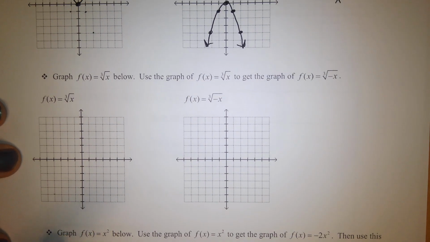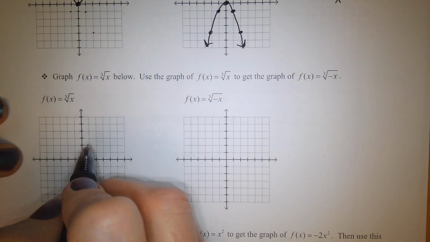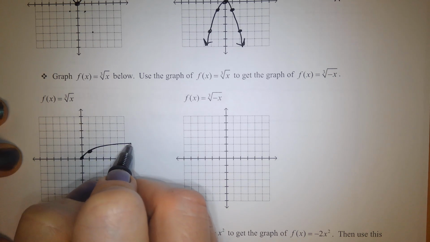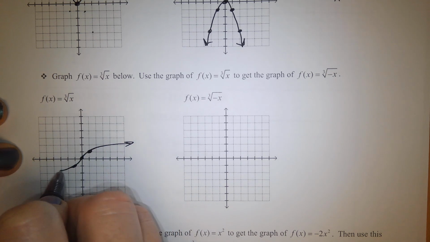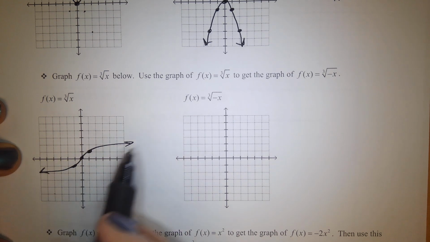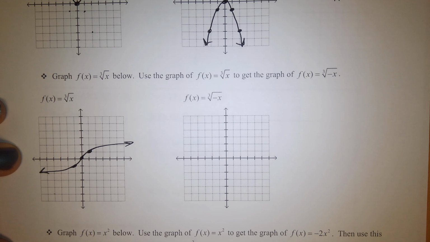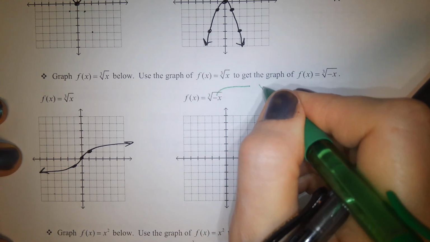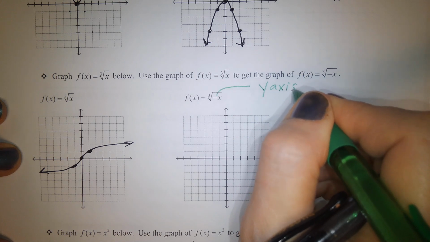Let's try another one. This time we'll graph the cubed root. The cubed root function looks like this. So we're going to take those 3 points and we're going to reflect it. This time the negative's on the inside of the function, so that's going to be a y-axis reflection.